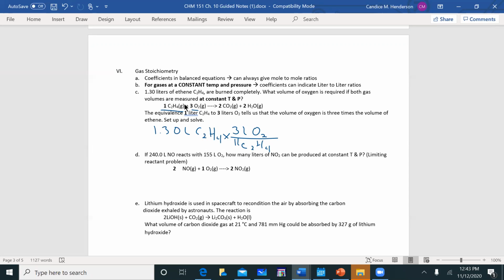Okay, so the relationship is 3 of these for every 1 of these. So this here cancels, and we can really simply just take our initial value and multiply it by 3, where we find that we have 3.90 liters of O2.